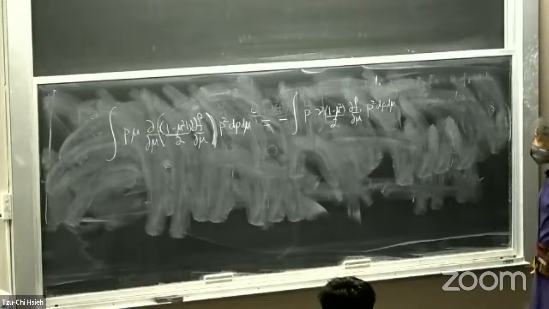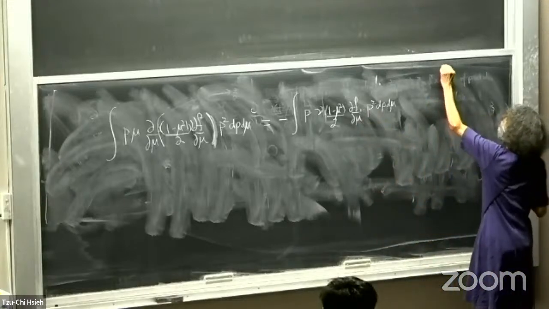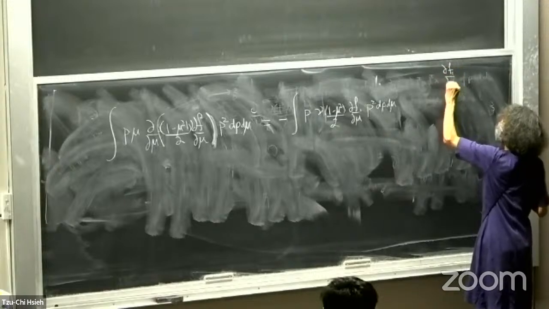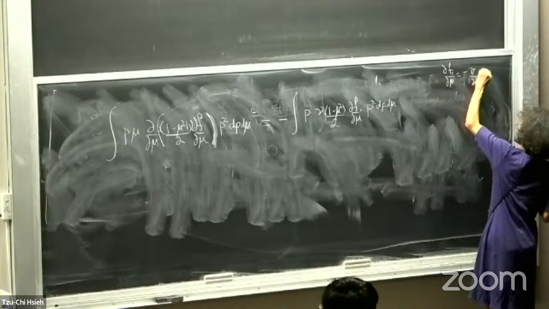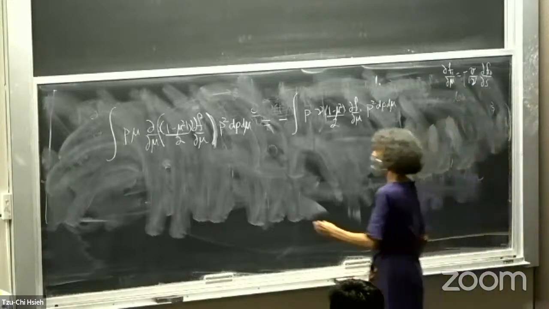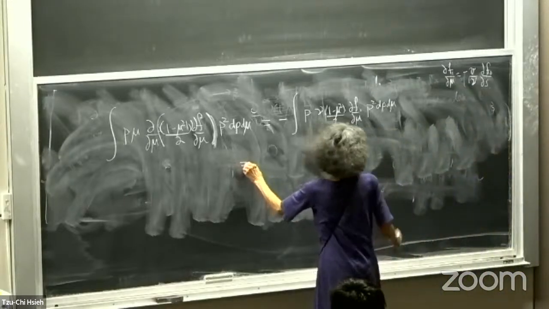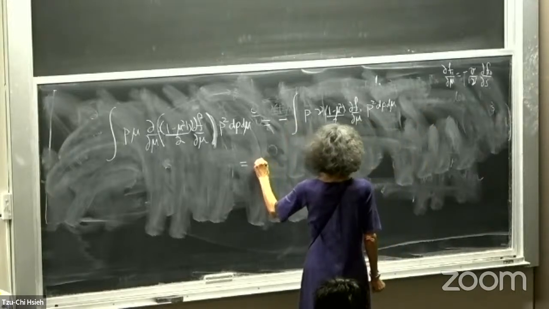We happen to have an expression for df1 d mu. So we know that df1 d mu is minus v over nu df naught ds. So let's use that. We have a minus here, we have a minus up there, so we get a plus.